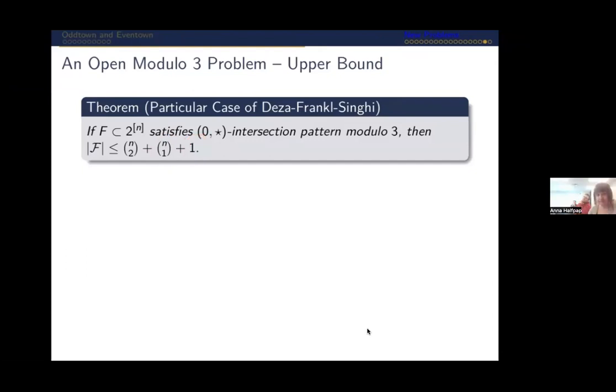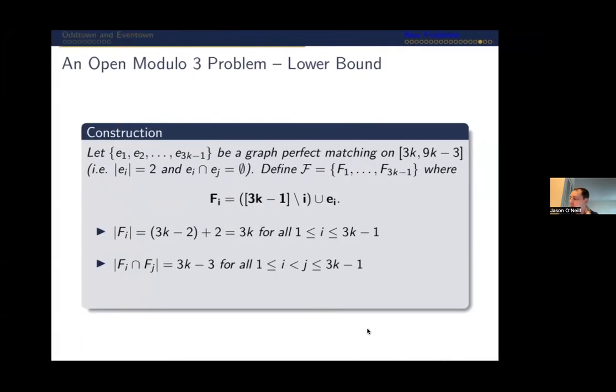This theorem is a sum of binomial coefficients, n choose i, where i goes up to the number of allowed intersection sizes. So if you specify it's just going to be 0 and 2, then this construction is best possible, or at least very close to best possible. It's somewhere between n over 3 and n or something like that.